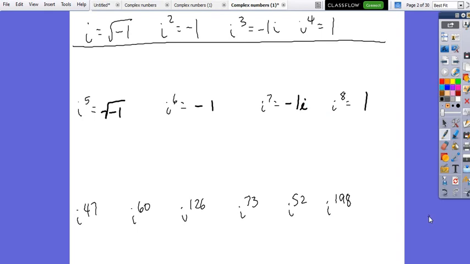That's 44, since 44 divided by 4 is 11. Well, 44 plus what is 47? 3. Go to i cubed. The answer is -i.